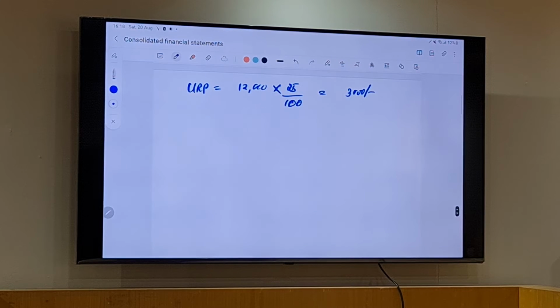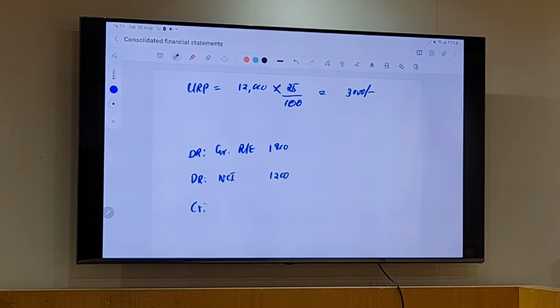Now, double entry: debit group retained earnings, how much? The 60% of the parent ownership holding. What is the parent ownership? 60%. So 3,000 into 60%, that is 1,800. Debit NCI 1,200.